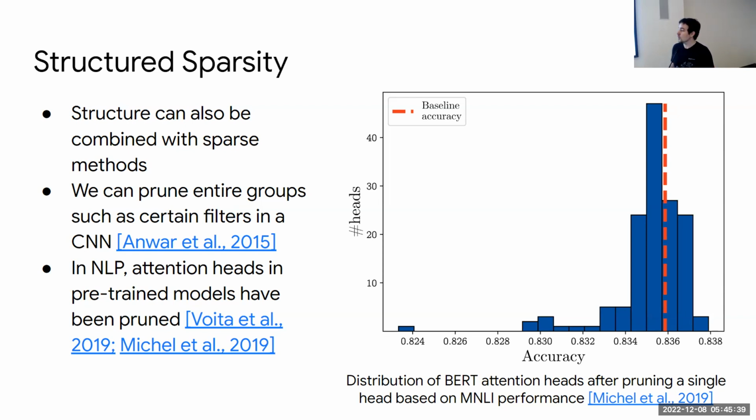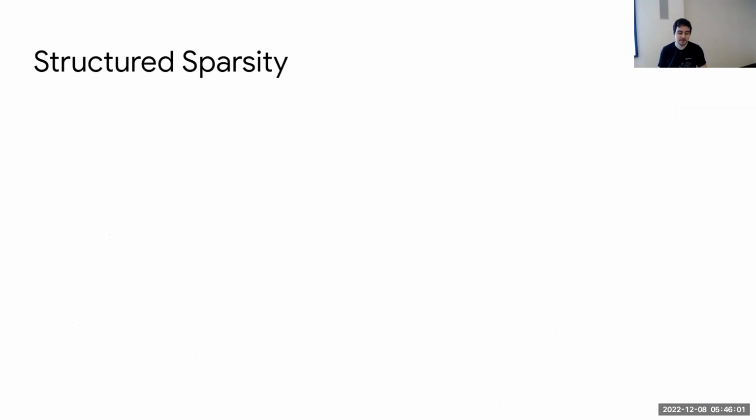You can see that compared to the performance with all of the attention heads, in a lot of cases the performance drops only slightly when removing an attention head. But in some cases it can actually lead to a positive improvement. So in practice you can remove quite a substantial fraction of the attention heads of your BERT model.